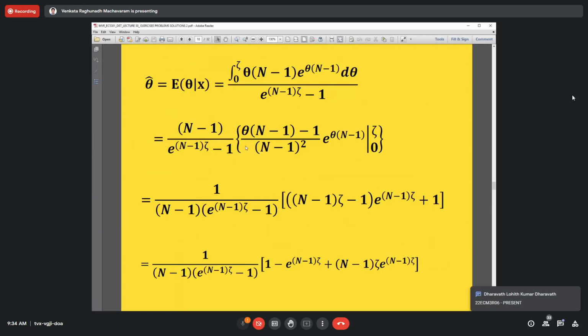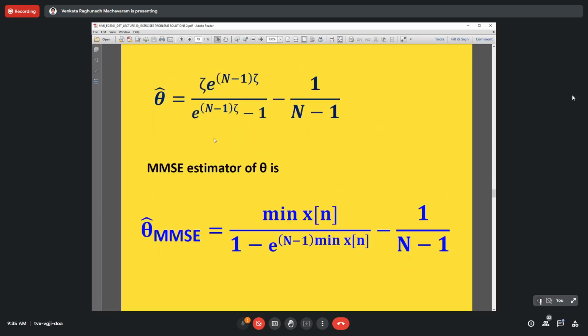Again, re-expressing this into this form for the limits tau and 0, this becomes complicated in appearance, but once you write it, it is very simple minimization: summations and expansions, combining the terms only. Finally, you can prove that it is tau e to the n minus 1 tau, psi e to the n minus 1 psi, minus 1.